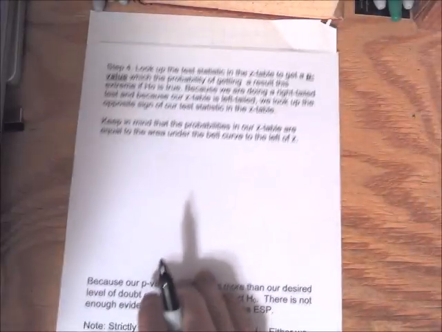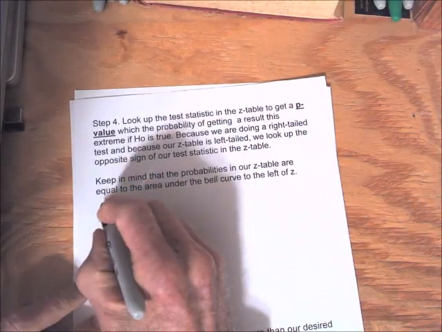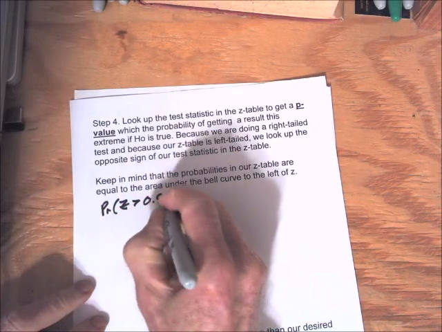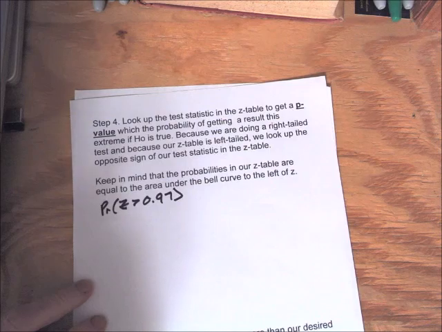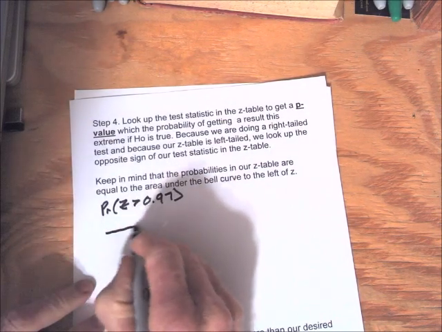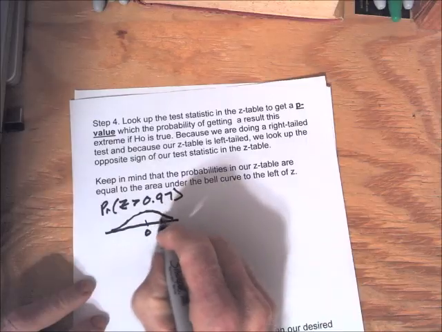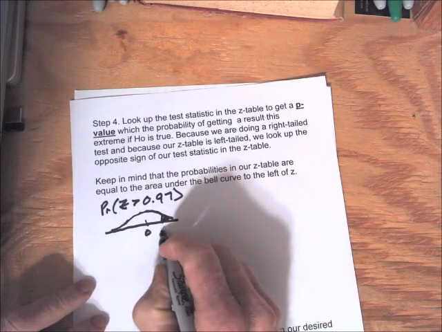So we want the probability of z is greater than 0.97, of getting a z-score that high if H naught is true. That's actually the right tail of the bell curve. 0 is in the middle. The positive z-scores are on the right.